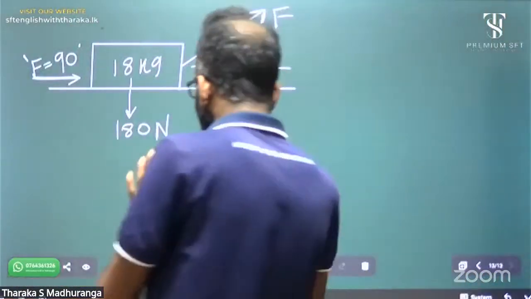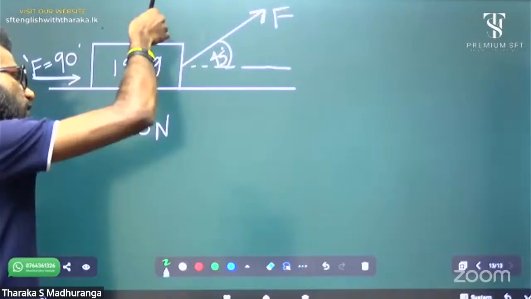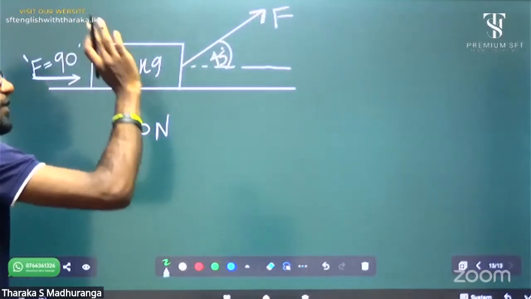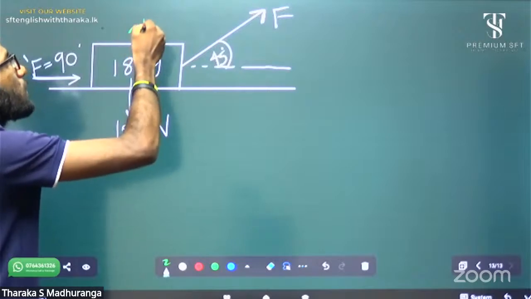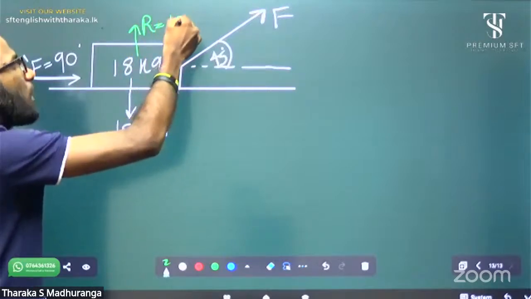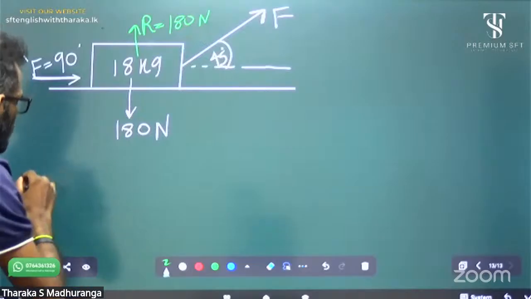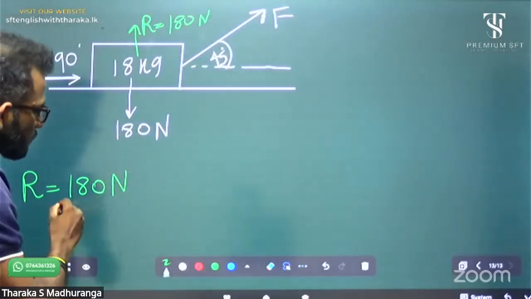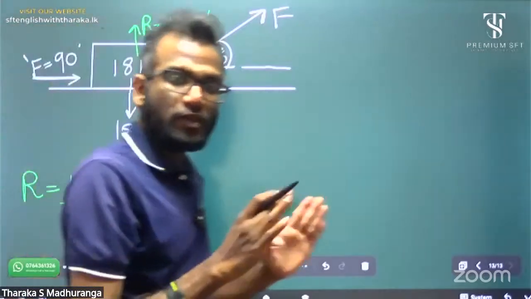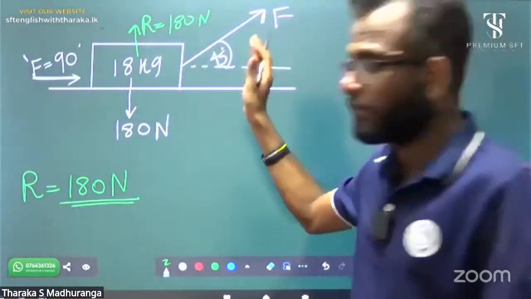First of all, I can see the weight equals 180 Newton. Since it is balanced, the perpendicular reaction need not be calculated; it's 180 Newton. Now I have the first answer, perpendicular reaction 180 Newton, but that is not enough. I have to calculate F also.